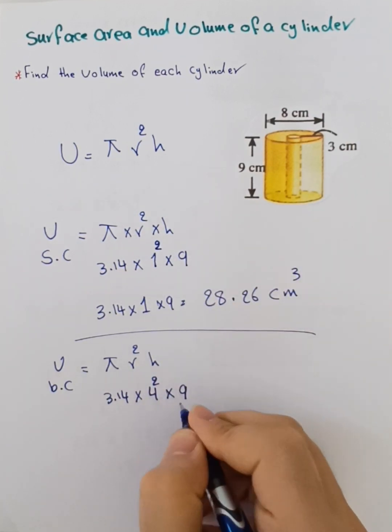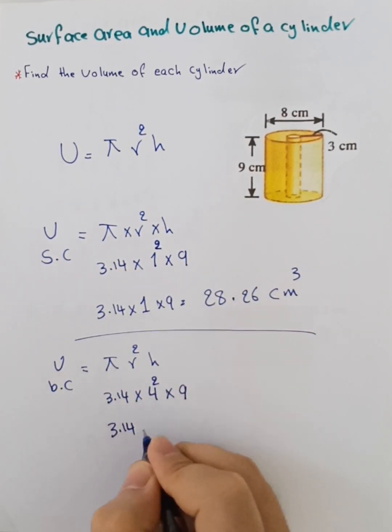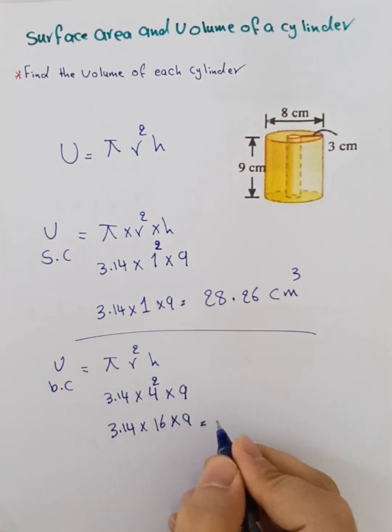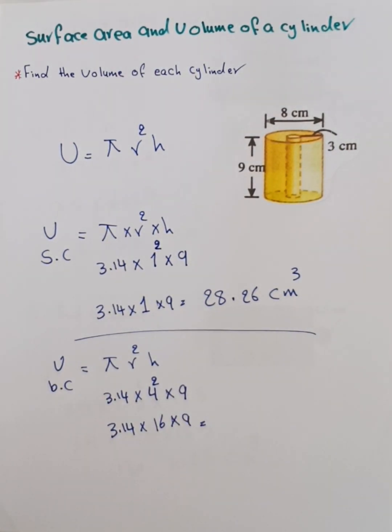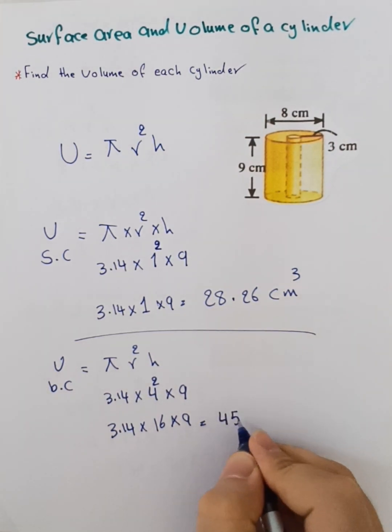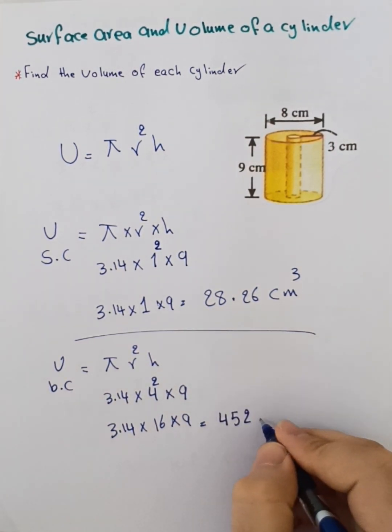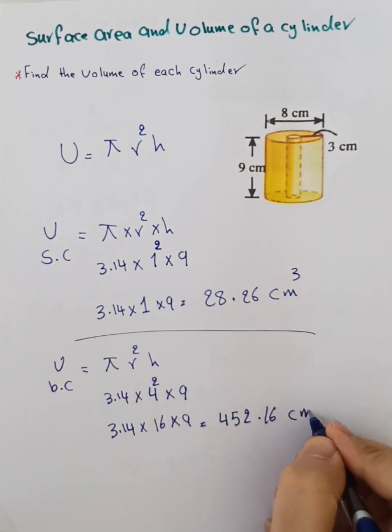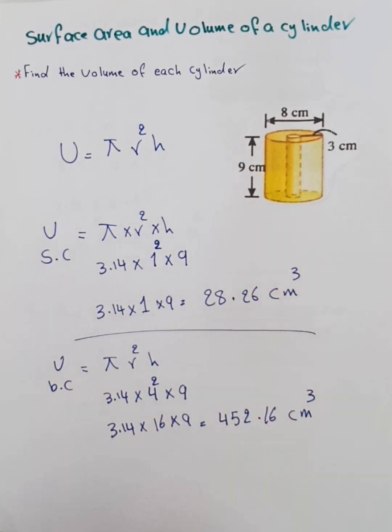Height is 9. 3.14 multiplied by 4 times 4 equals 16 times 9. The volume is 452.16, and then we have cubic centimeter.